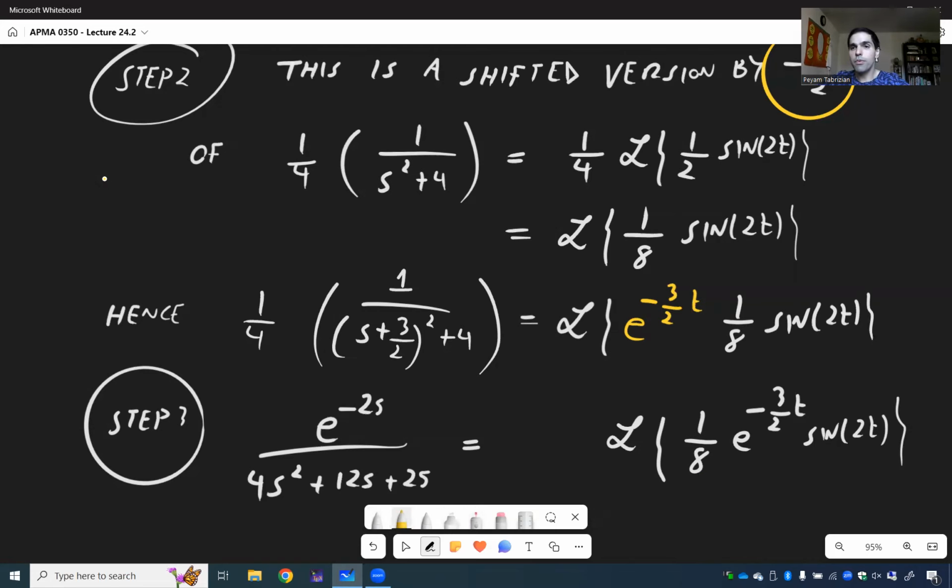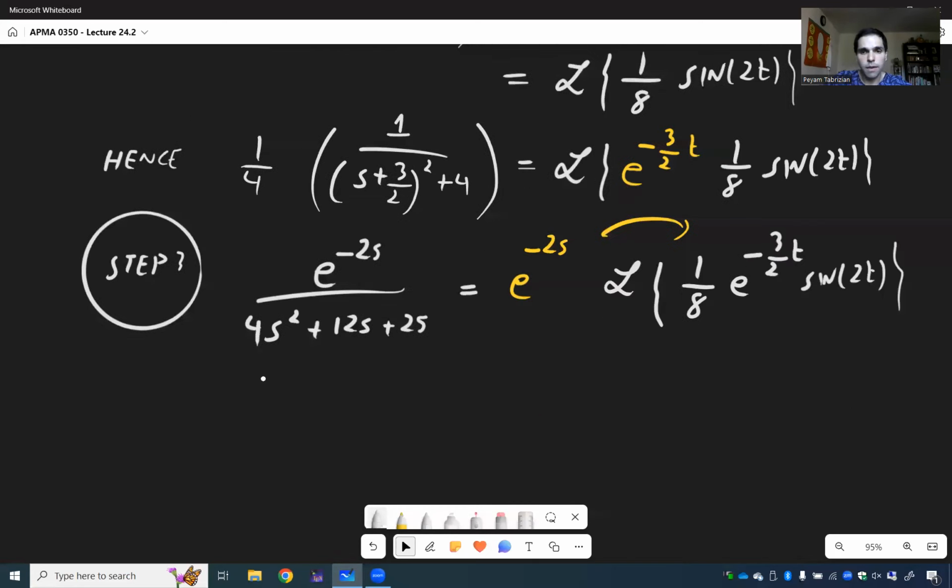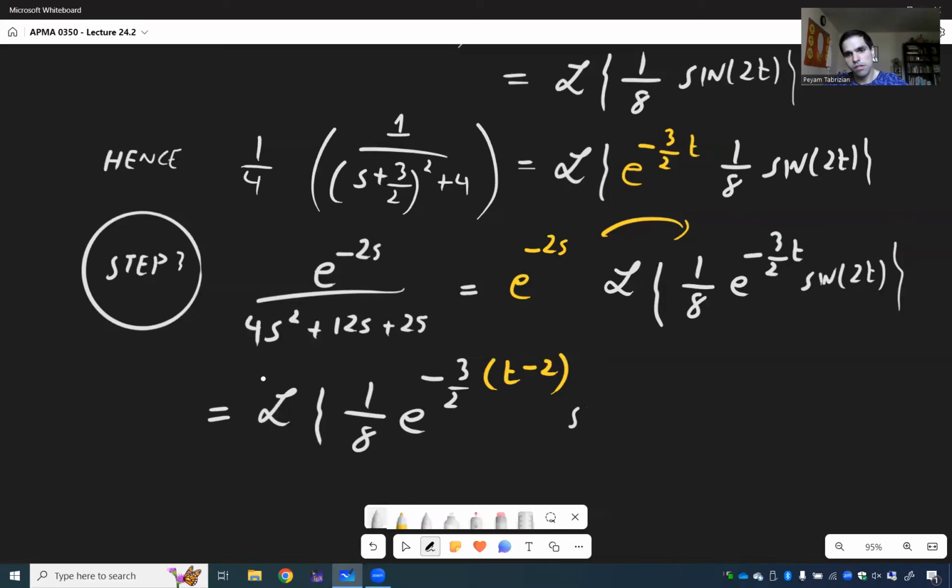And then remember the exponential term, all it does is shift and jump. So in the end, this gives you the Laplace transform of 1/8 e to the minus 3/2 (t minus 2) sine of 2 times (t minus 2).